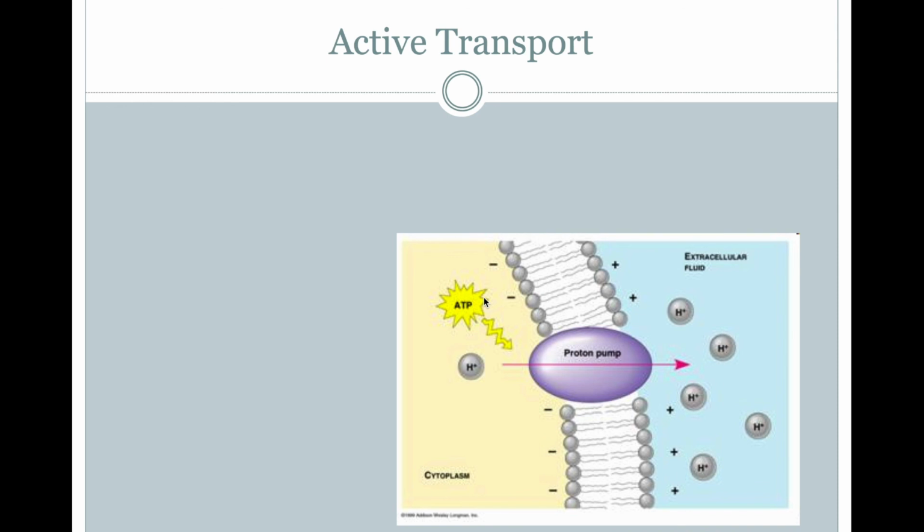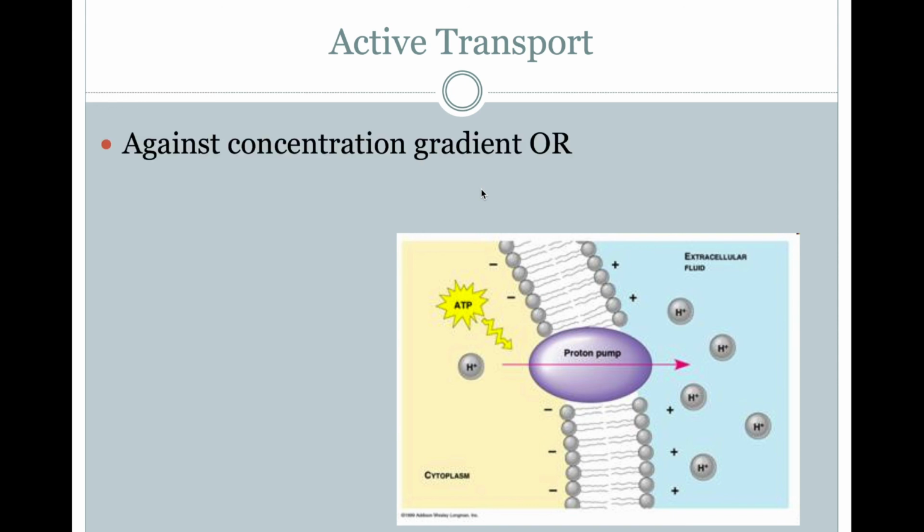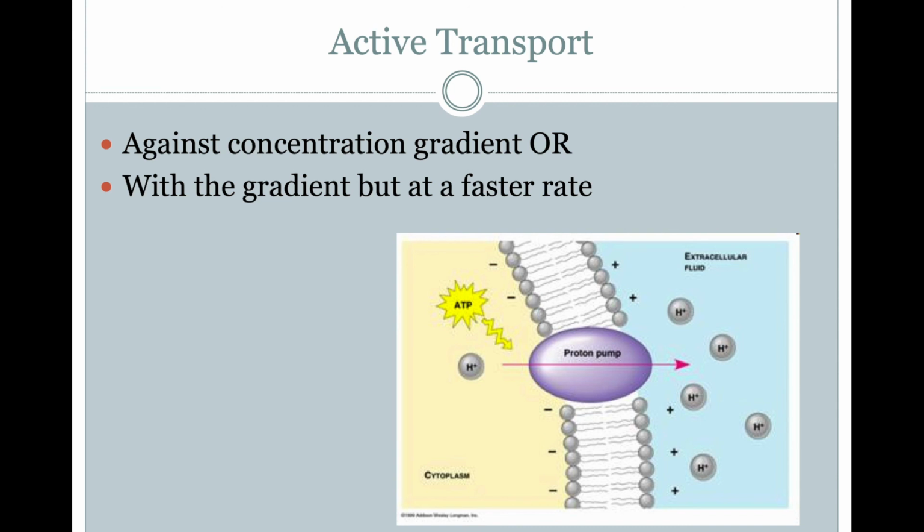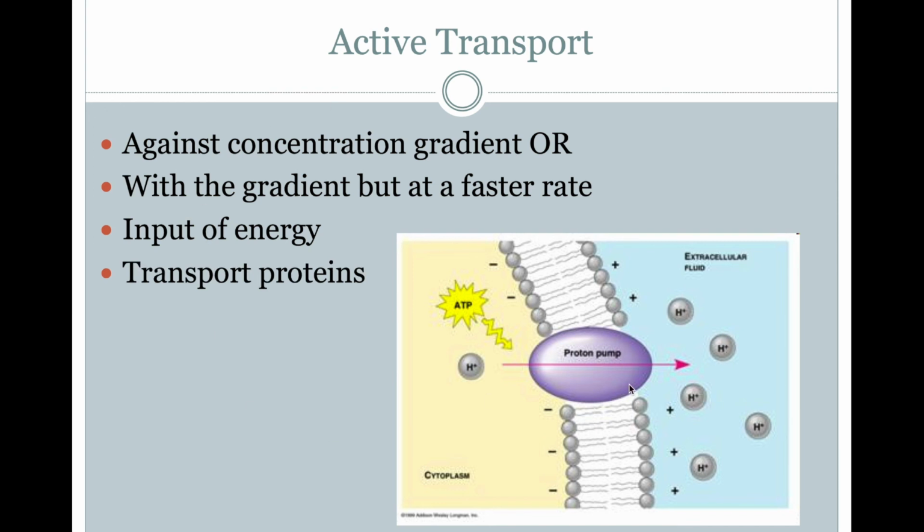If something is not able to passively diffuse through, as mentioned, if the cell needs to move a molecule against its concentration gradient or with the gradient but at a faster rate, then it will actively transport things through the input of energy. And remember that in all cases will require a transport protein.